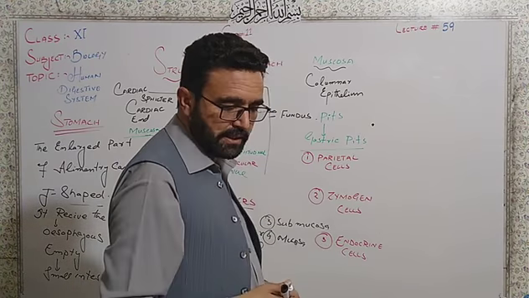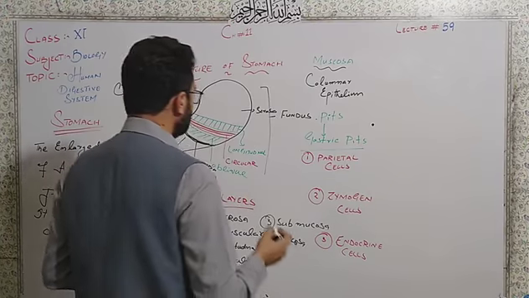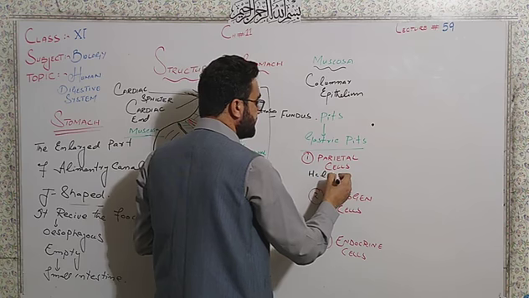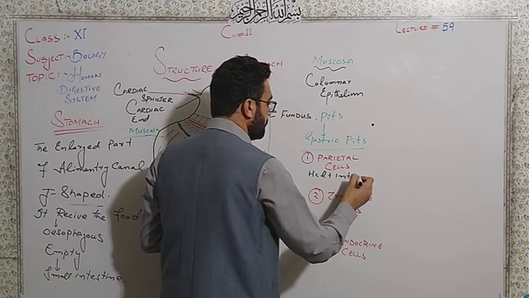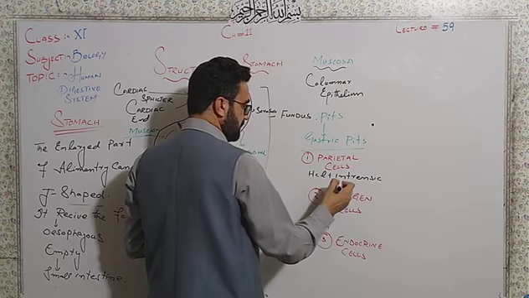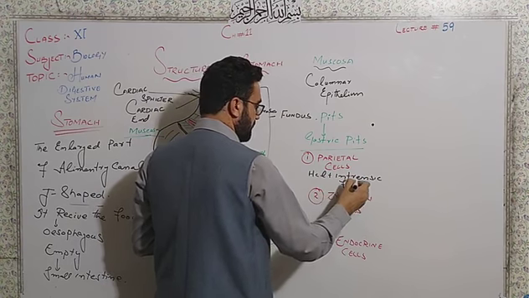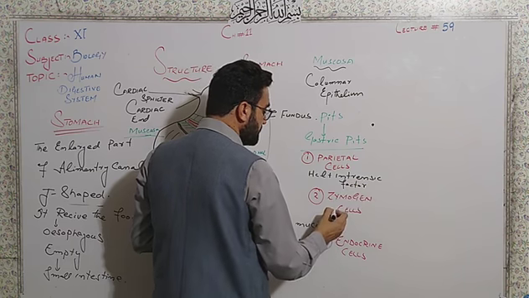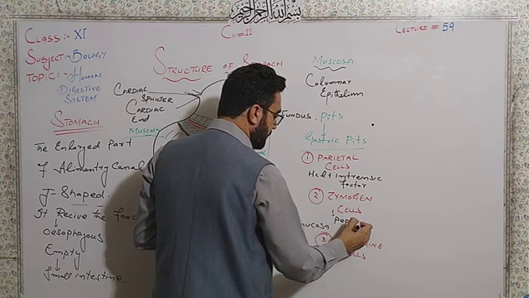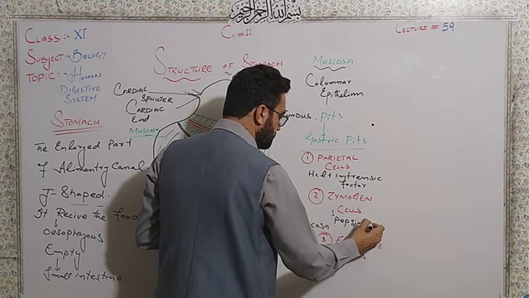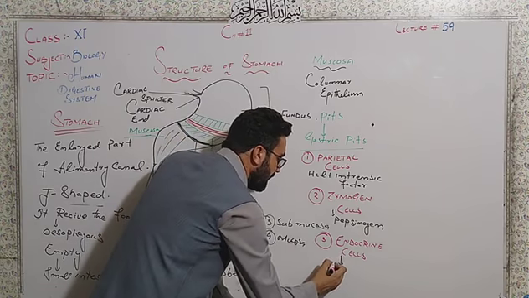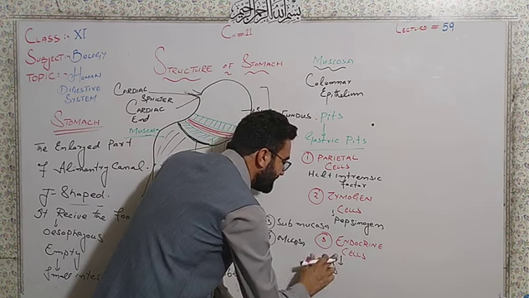Parietal or oxyntic cells produce HCl plus intrinsic factor. What is the function of intrinsic factor and HCl we will discuss in the function. Zymogen cells secrete an inactive enzyme called pepsinogen. And the endocrine cells secrete a hormone called gastrin.